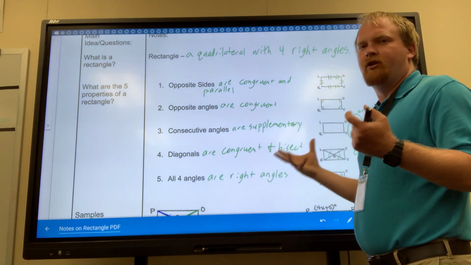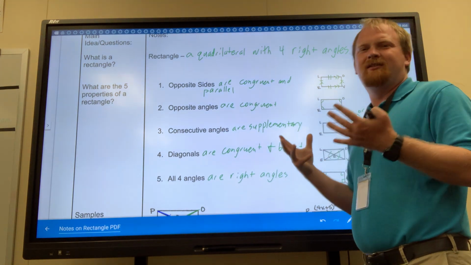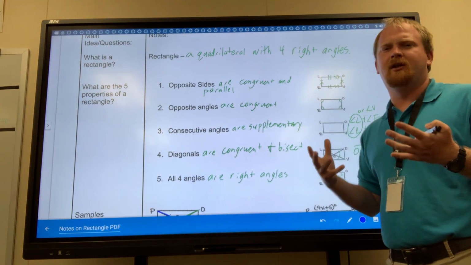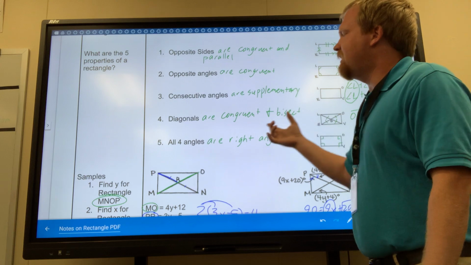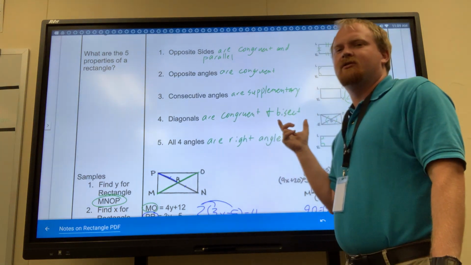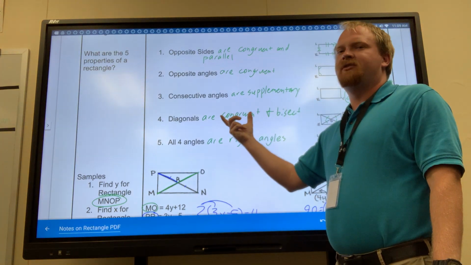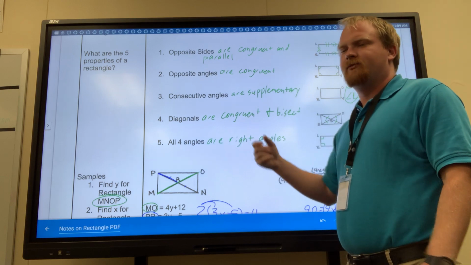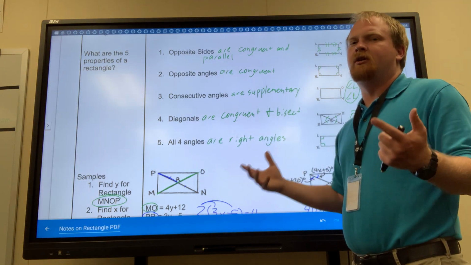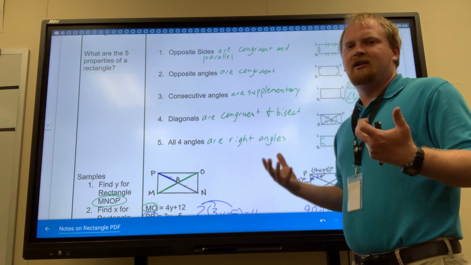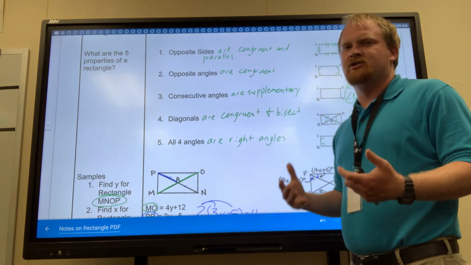Consecutive angles are still supplementary. So basically, rectangles hold the same properties as parallelograms. Now the big catch is that yes, diagonals do bisect, but the diagonals themselves are congruent. And then of course, all four angles are right angles. And again, that's just the basic definition of rectangles.